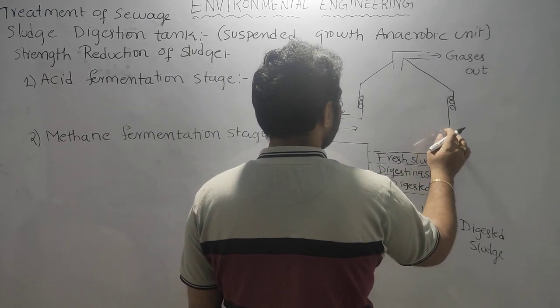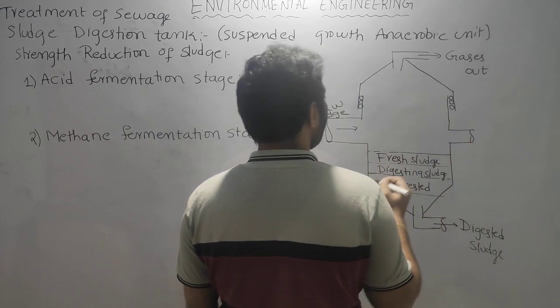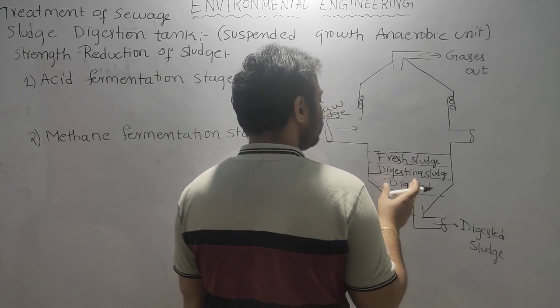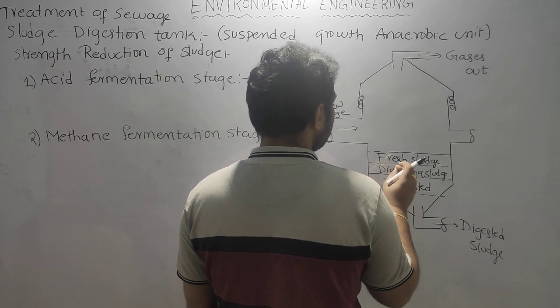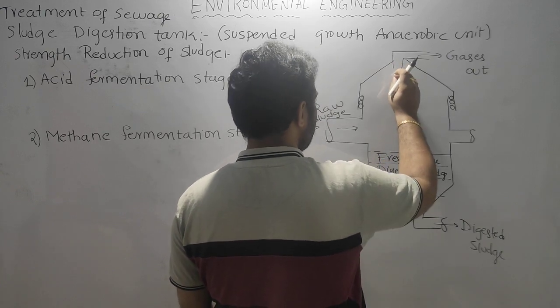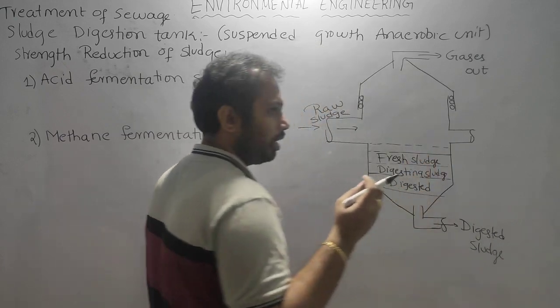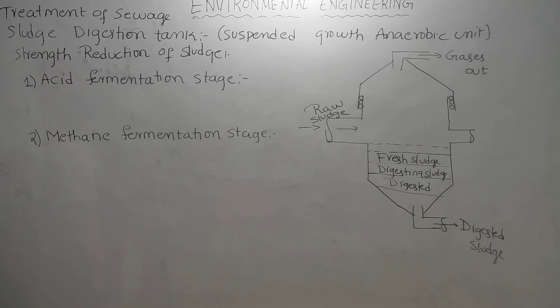There will be another vent here to take care of the supernatant liquor. During digestion, some amount of the sludge will convert into gas and solid, and a gelatinous, filamentous liquid material will come onto the top. That is called supernatant liquor. It generally contains a lot of BOD.